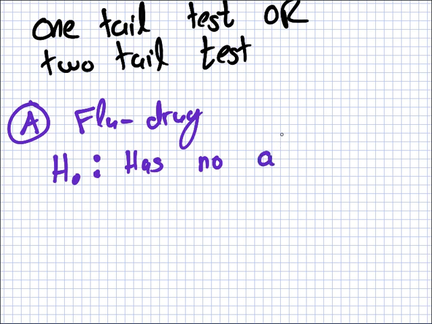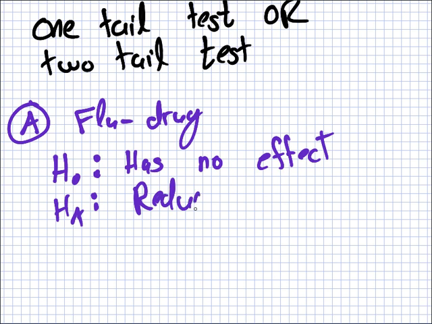This is A or E? A. E, I guess. But it's been used as a verb. Okay, whatever. No effect. An alternative, maybe it reduces your recovery time, your illness time by, let's say, 3 days. So reduces by, let's say, 3 days.